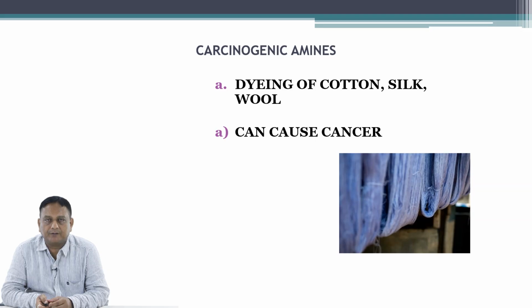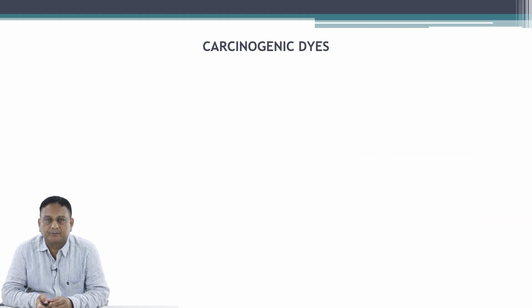Then come different carcinogenic amines, which are found in certain dyes. In dyeing of cotton, silk and wool, these carcinogenic amines can be found and can cause cancer. So we have to be careful while selecting the dyes.